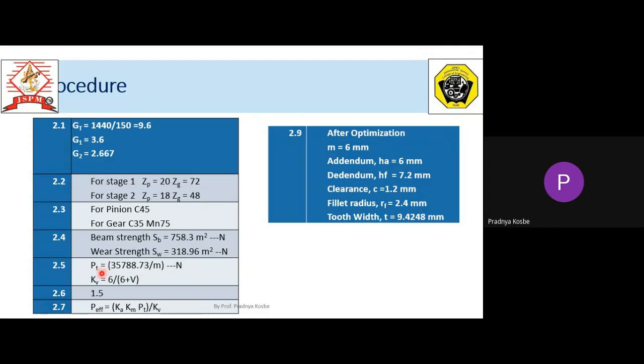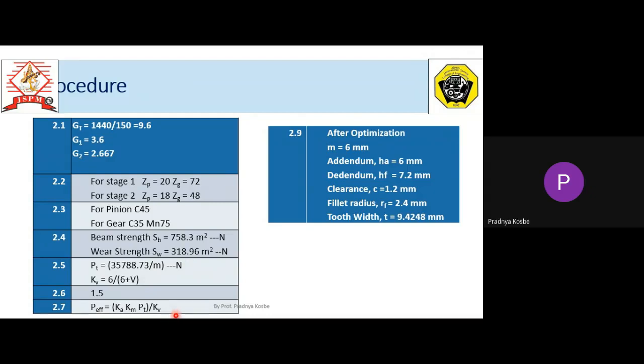Then the tangential load is 35788.73 divided by m. Kv is 6 divided by 6 plus v. The factor of safety selected is equal to 1.5, and F effective is equal to K Km Ft divided by Kv.